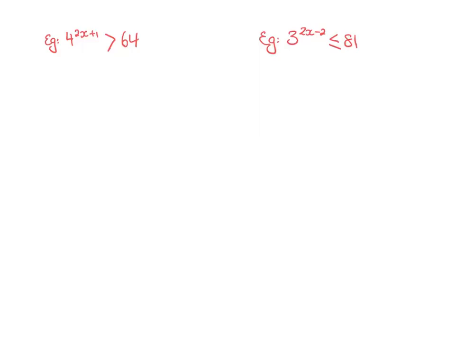With the inequality examples, or inequations, you still do the same thing. You just have to remember your inequation rules. So I'm still going to try and get it to have the same base here. So 64 is actually 4 to the power of 3, so I can write that. And then therefore we can say 2x plus 1 is greater than 3.